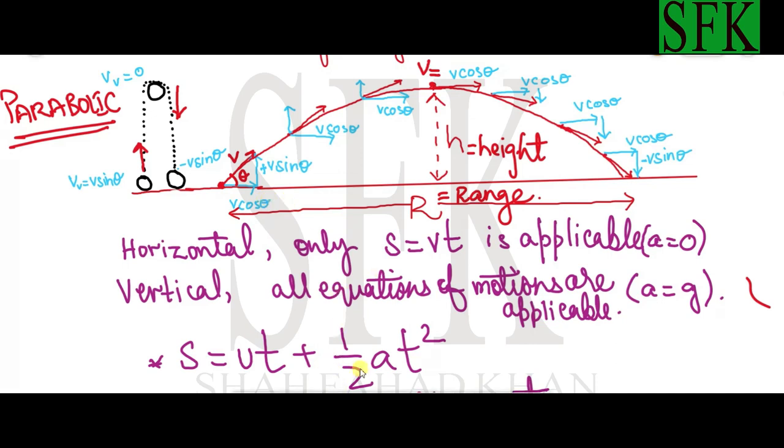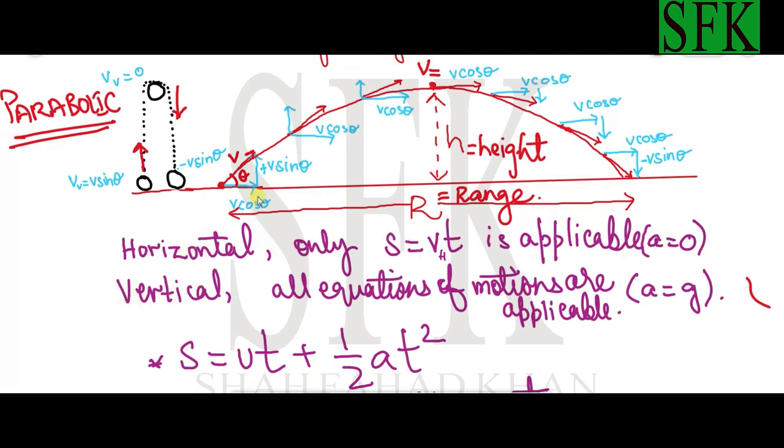So this should be V h actually, the horizontal component of velocity, which is v cos theta, and t represents the time it takes for the ball to move. It is applicable because acceleration is zero and it's undergoing uniform motion.